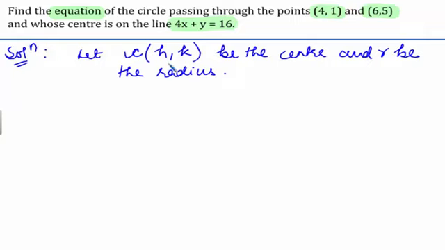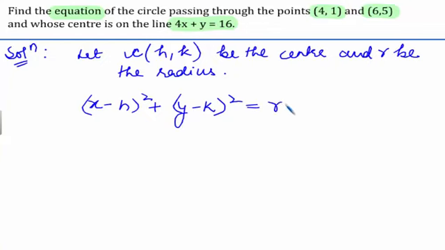Then the equation of the circle will be (x minus h) whole square plus (y minus k) whole square is equal to r square. So this is the equation of the circle with center having coordinates h, k and r as its radius.